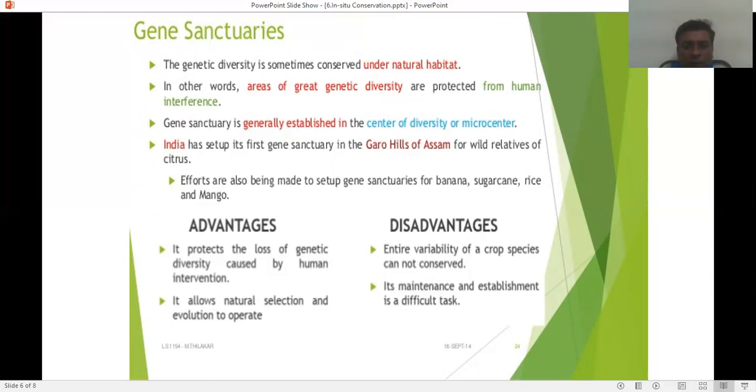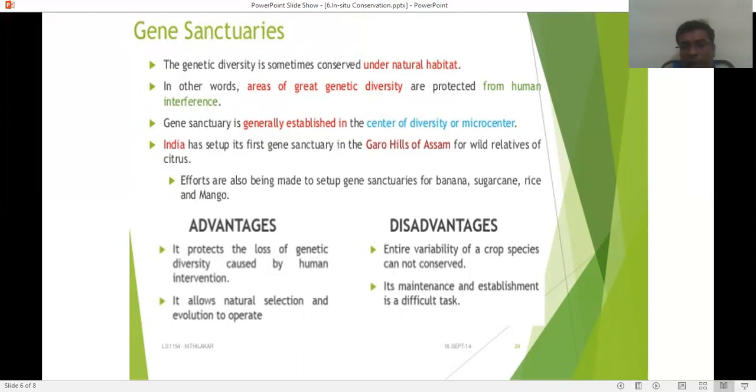And there are some advantages and disadvantages in gene sanctuaries. The advantage is that it protects against the loss of genetic diversity caused by human intervention, and it allows natural selection and evolution to operate. The disadvantage is that the entire variability of a crop species cannot be conserved in those areas.